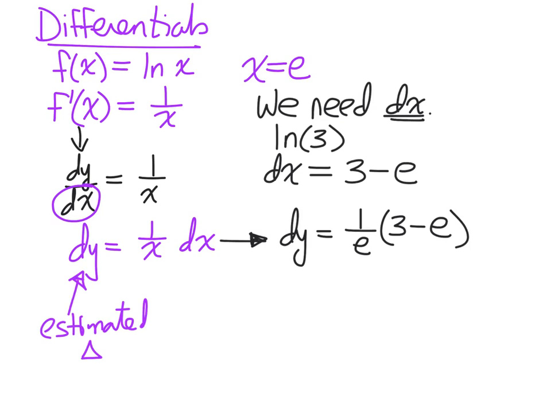What this represents is the change in y, the estimated change from the natural log of e. So at this point I would write ln of e, because that's my original function at the point, plus the deviation from that, 1 over e times 3 minus e.